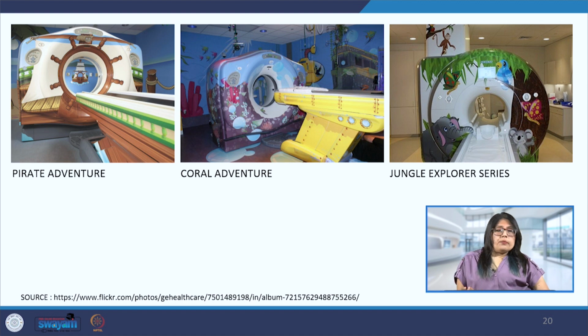Now some of the positive impacts that came up from this adventure series were that the patient satisfaction score went up to 90%, which was very low earlier. Still there would probably be a little bit of apprehension, because the minute we enter a hospital, even without any ailment, the whole environment sort of scares us.